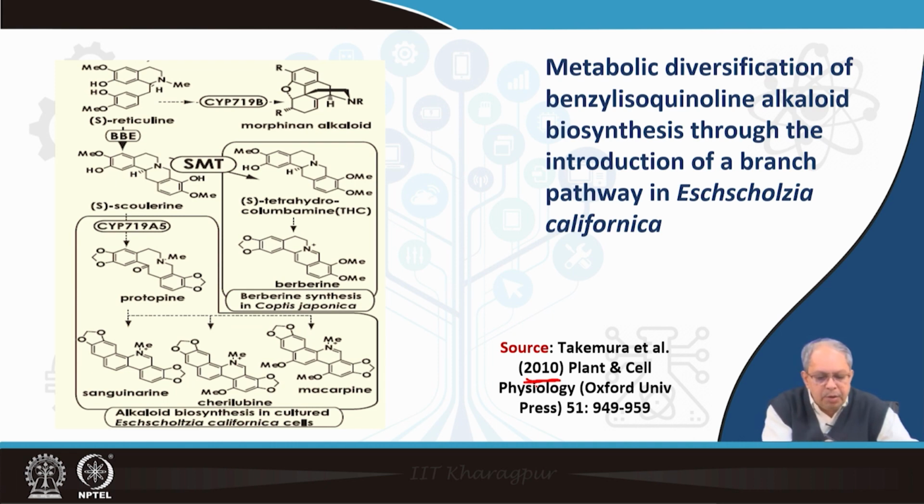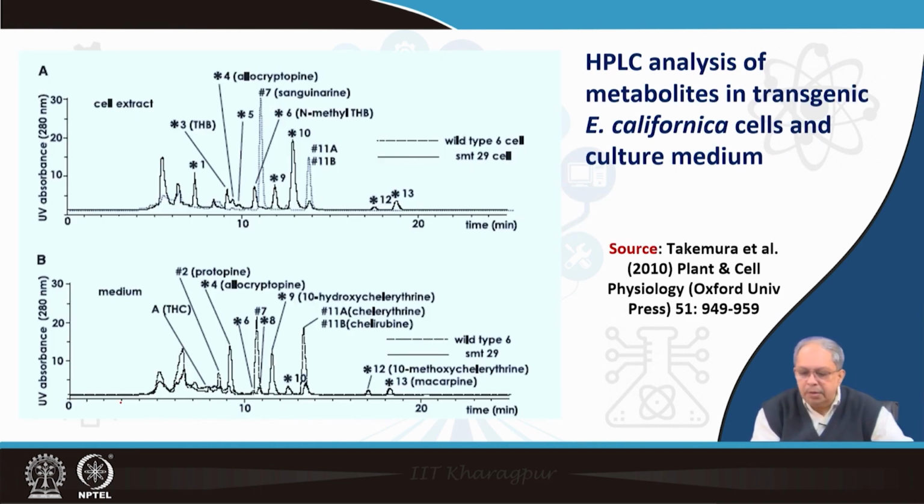This one is just briefly showing that this is the SMT, the target one. So, this leads to the formation of tetrahydrocolumbamine, what we have seen in the other one, and this is the other pathway which leads to the formation of sanguinarine. So, what has been found here, the wild type and the SMT cells.